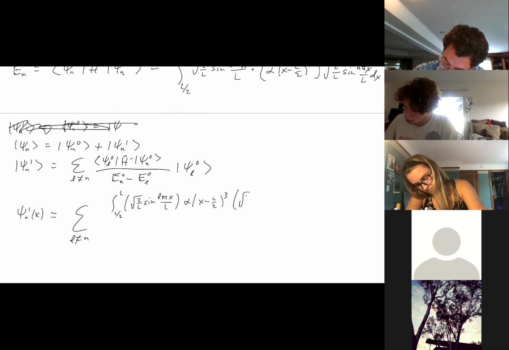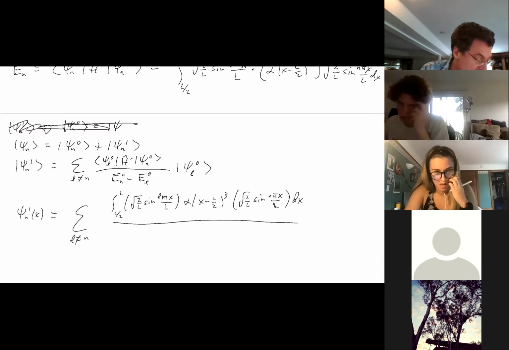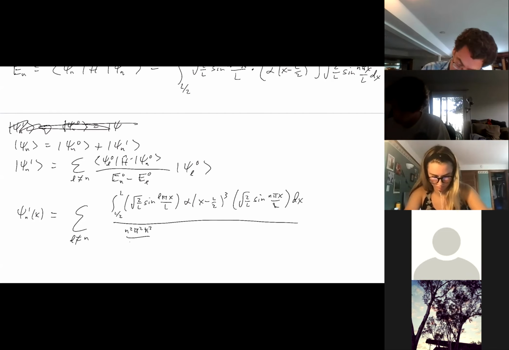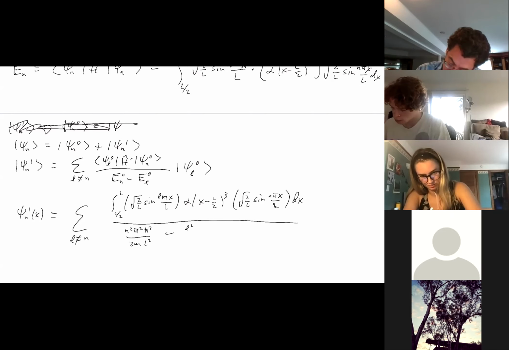Then here I'm going to have square root of 2 over L sine n pi x over L dx. And this is going to be sitting on top of the formulas E n naught, which is n squared pi squared h bar squared over 2m L squared, minus E L naught, which is L squared pi squared h bar squared over 2m L squared.